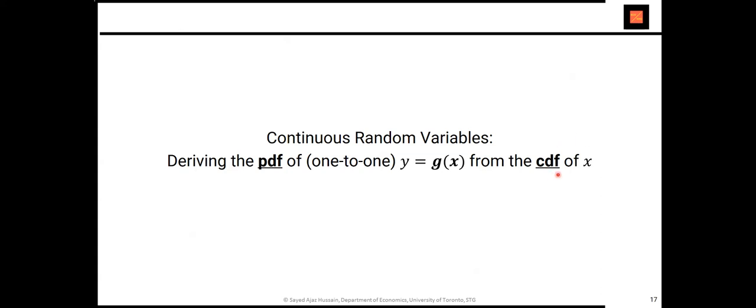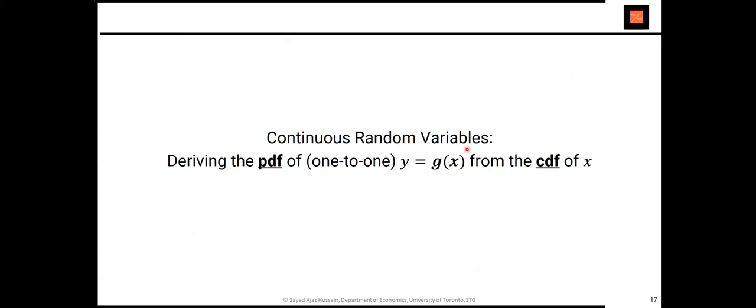Go back to a CDF of x. But this time, instead of finding the PDF of x, someone's asking you for the PDF of a function of x, which means you can use the technique of going forward to find the PDF of y, because y is a function of x.